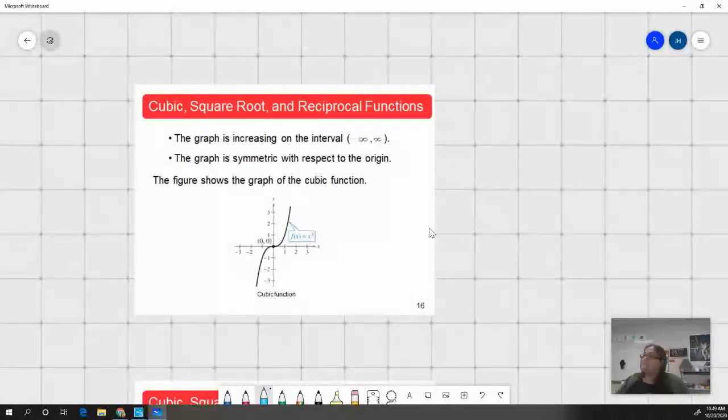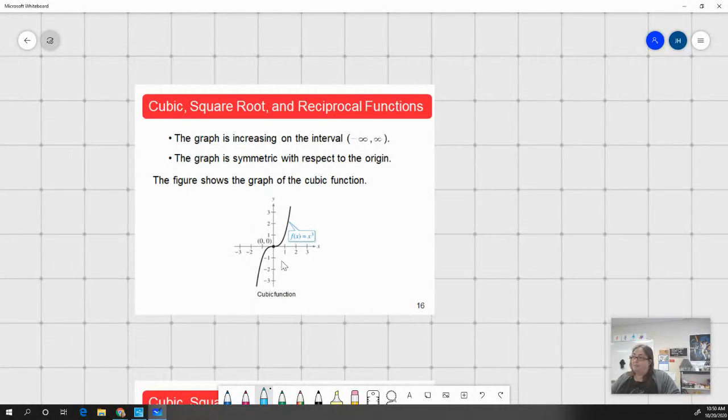So this would be the graph of a cube function, right? A cube function has this deal, right? It goes through 0, 0, and it kind of curves up on the positive x side, and it curves down on the negative x side, right? If this was a negative function, that would rotate.